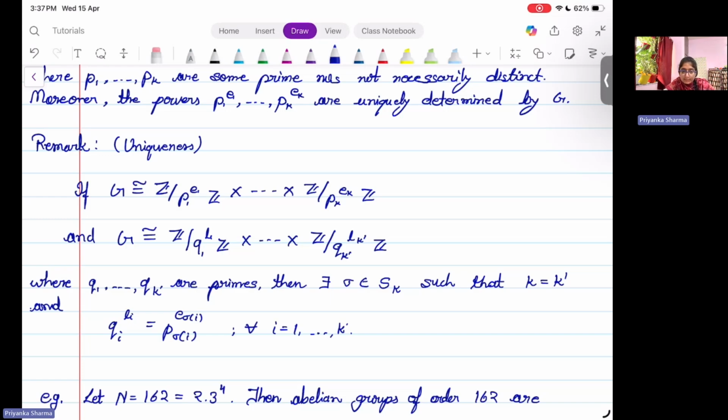That is, these factors are the same, but they are permuted. Okay, it means this form for the finite abelian group G is unique up to reordering of these factors appearing in its direct product form.